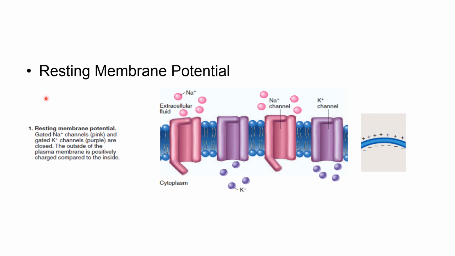So how do we define resting membrane potential? It is the membrane potential present in the cells of excitable and non-excitable tissues when they are at rest, meaning they are not producing electrical signals.